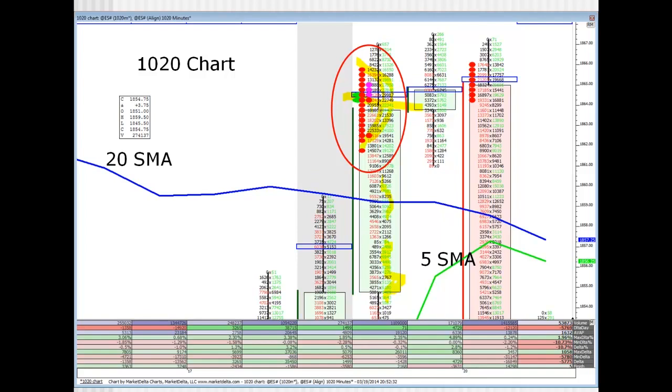Otherwise, if all this was buyer driven and the buyer was really the dominant force, we would have expected at minimum to close way up here close to the high. So already we have an inclination to believe that sellers have stepped up, and in fact there is some selling pressure that the market has encountered.